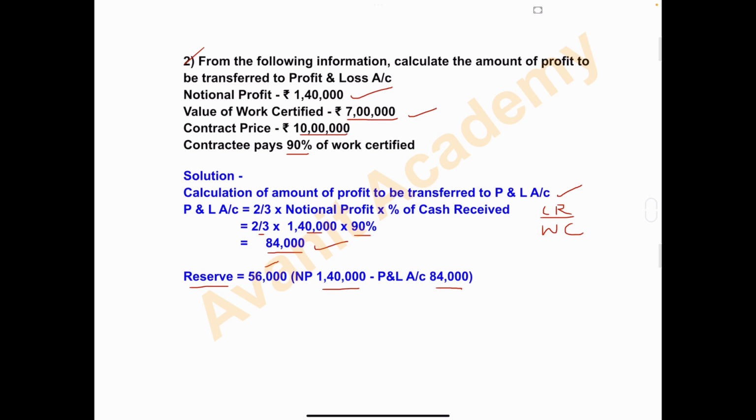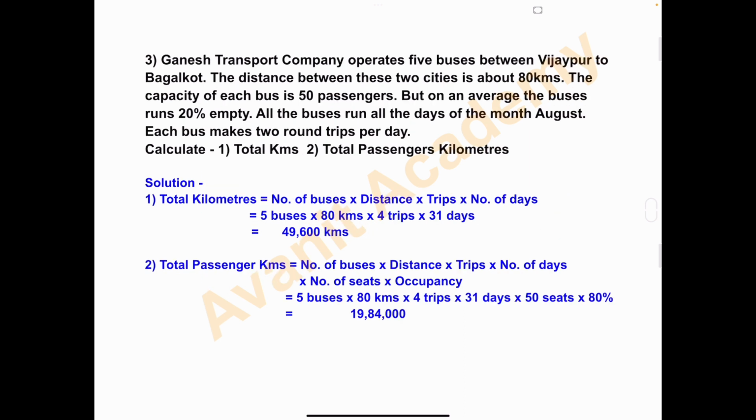Okay, we'll see the third problem. The third problem is based on operating costing or service costing. We'll see what we have to calculate. Ganesh Transport Company operates 5 buses between Vijaypur and Bagalkot.